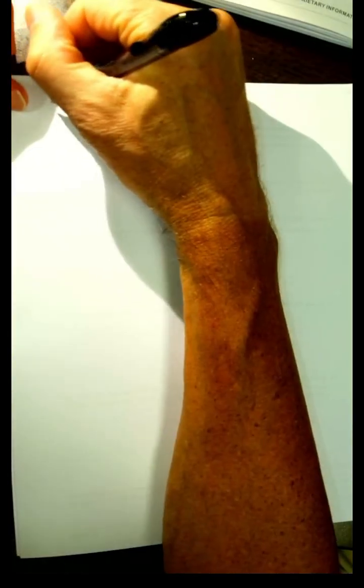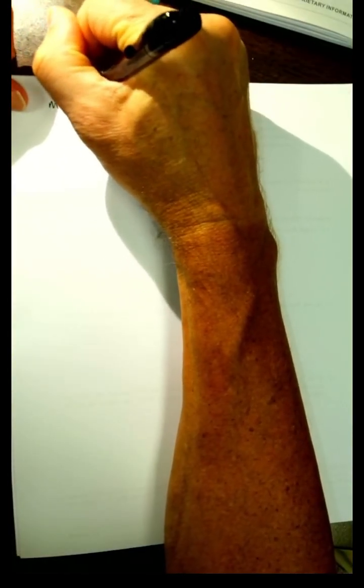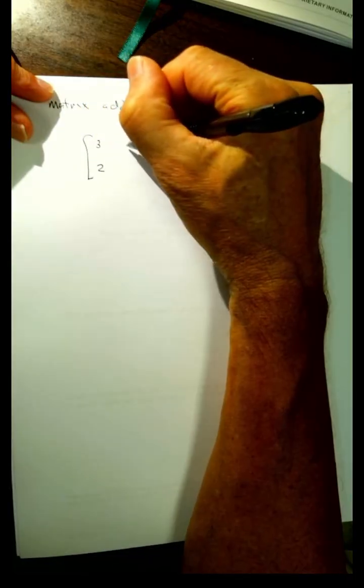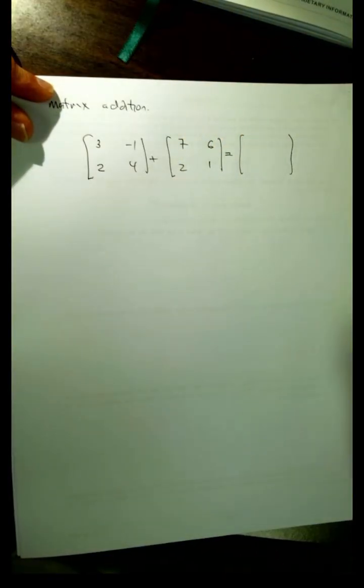But if we have the same number of rows and columns, then we can do things like add and subtract. So if I have 2 by 2 matrices, I can add them, and I'm just going to go entry by entry.